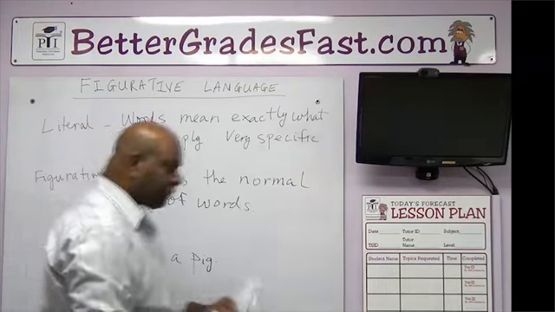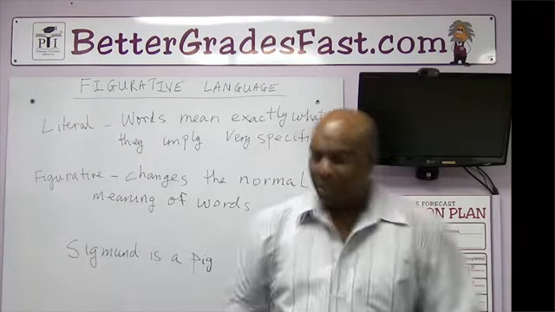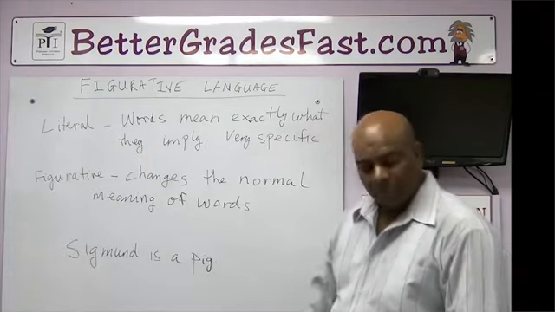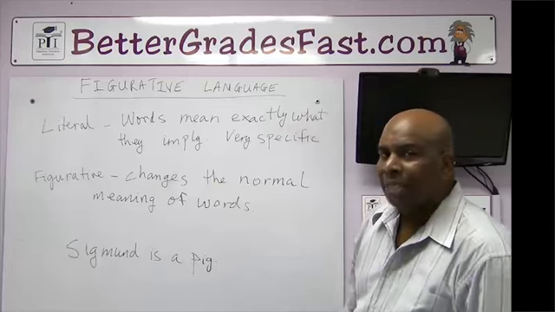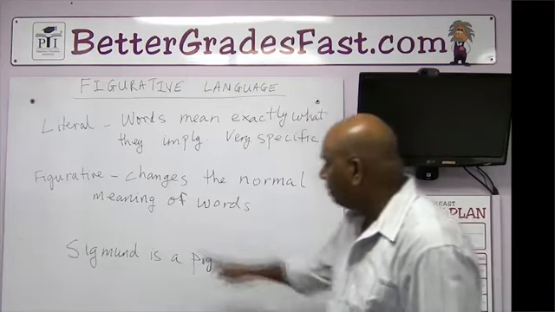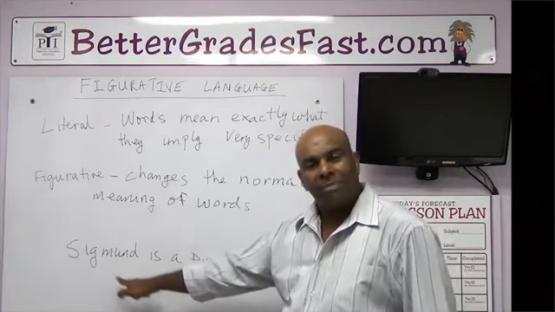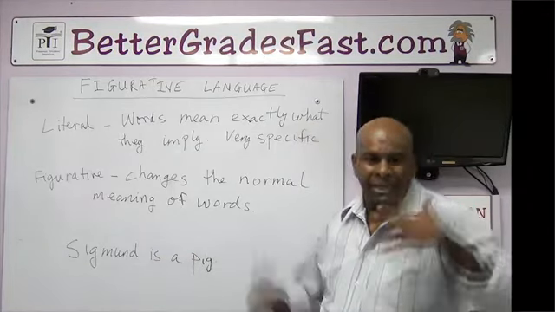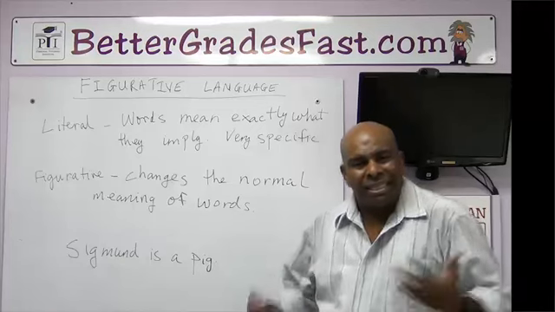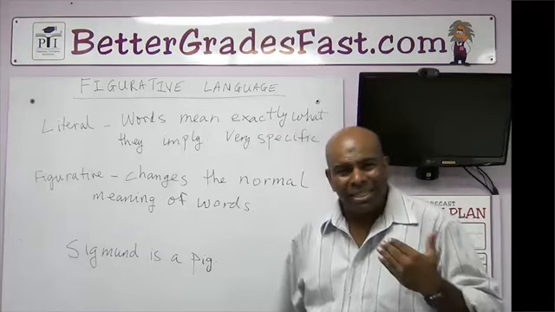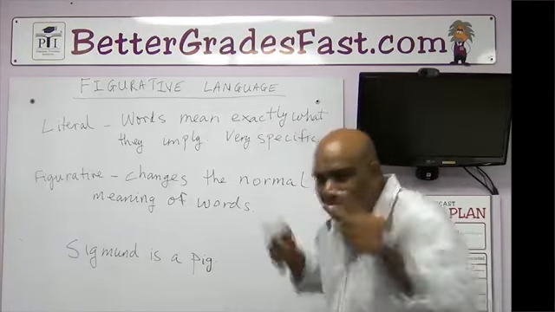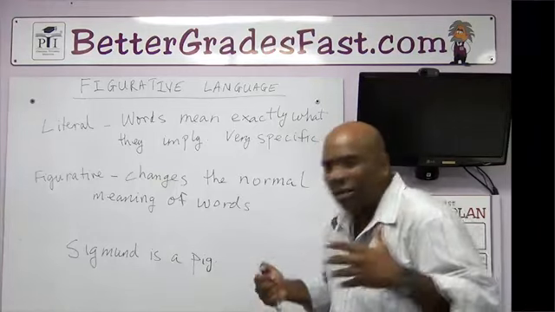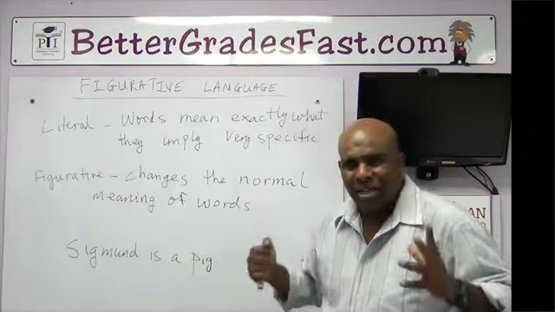So if I say figuratively, Sigmund is a pig, I'm no longer talking about an animal. I'm referring to a boy or young man called Sigmund who is sloppy. Maybe he looks all dirty, maybe he smells dirty, maybe he eats all unkempt, he doesn't take care of himself.